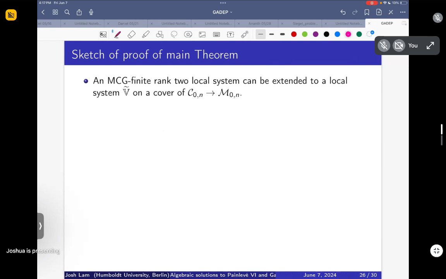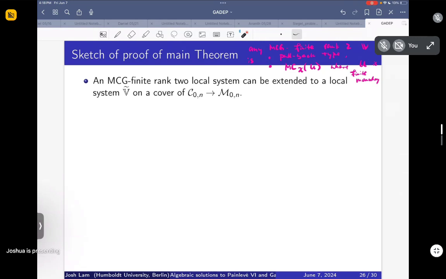Basically, the cartoon version is that any MCG finite rank 2 V is one of two things: pullback type, or MC of something where U is finite monodromy. So that's what we're trying to prove.